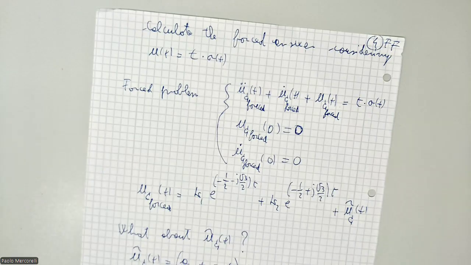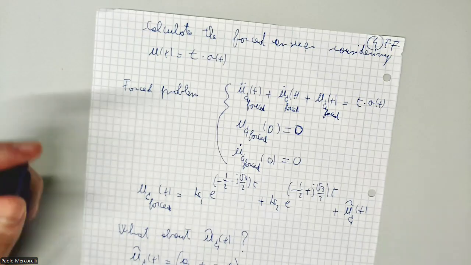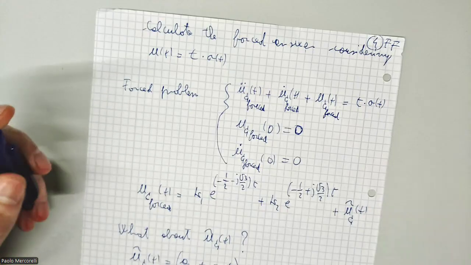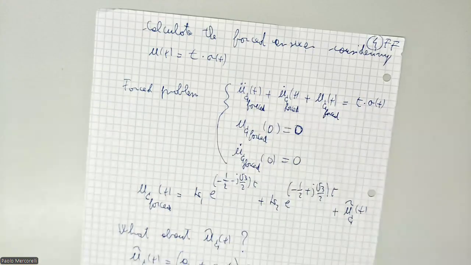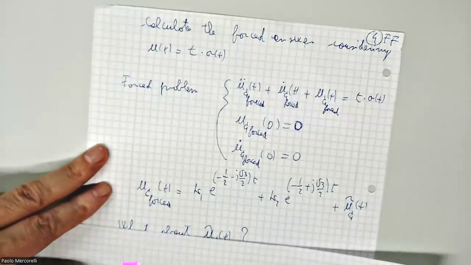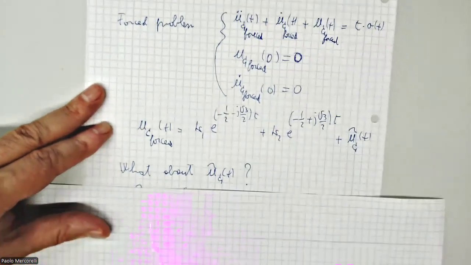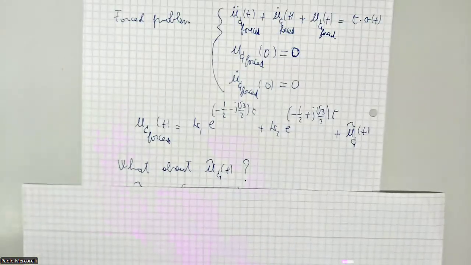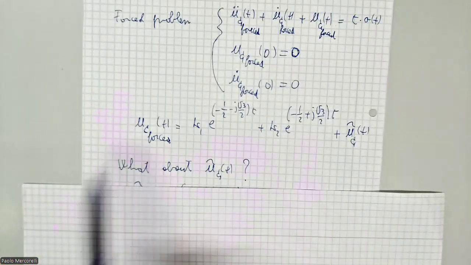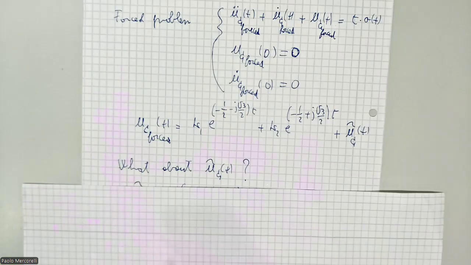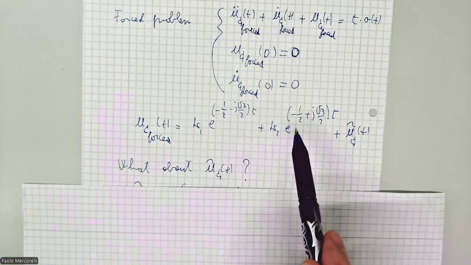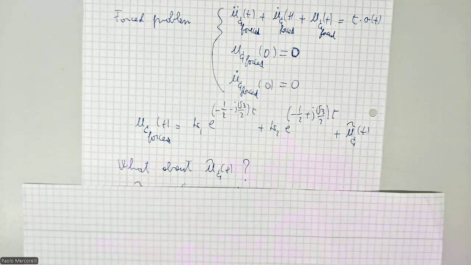I don't want to anticipate anything here, but just this. Do you remember, I told you many times that the forced answer consists of a part quite similar to the free answer? Why?